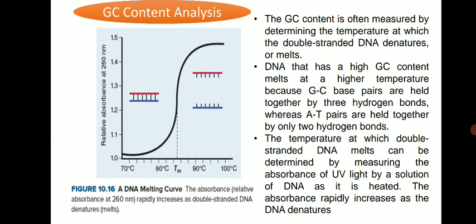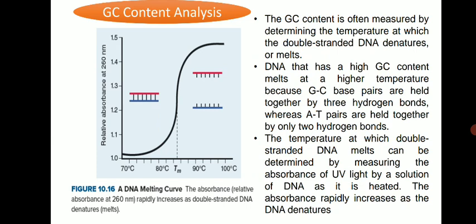Based on this technique, the first technique used in microbial identification is GC content analysis. The GC content is often measured by determining the temperature at which double stranded DNA denatures or melts. So the percentage of GC content in a particular DNA can be determined by temperature.